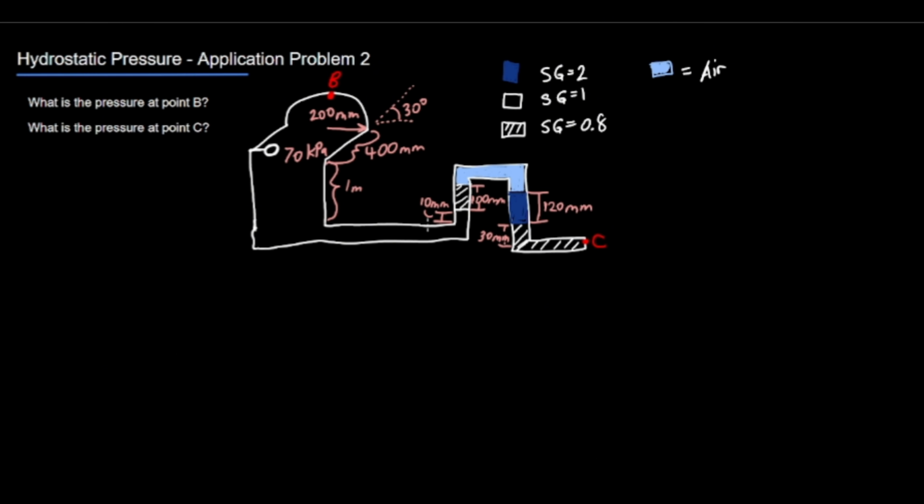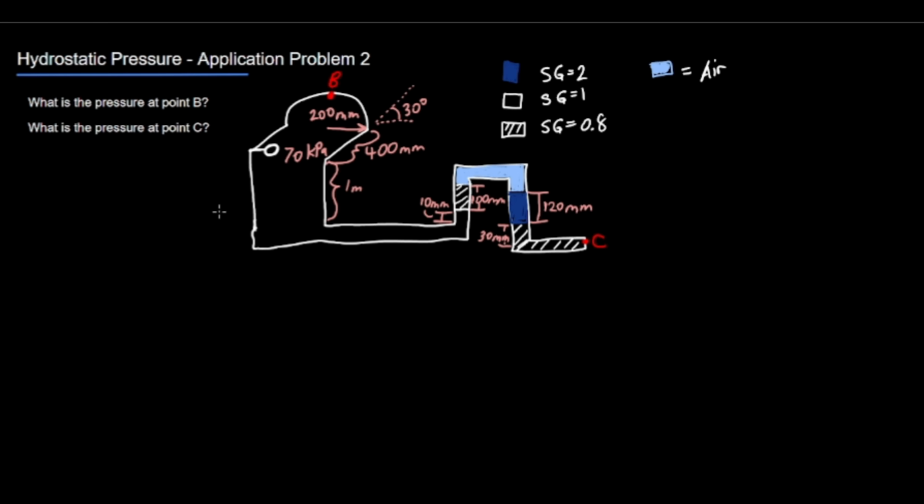Also, before I forget, when you're moving through air, so if you're going up in air, that is negligible because air's density is so small compared to any liquid, albeit I know air is a fluid, but like any true liquid, it does not have a significant effect. So this section over here is truly negligible.